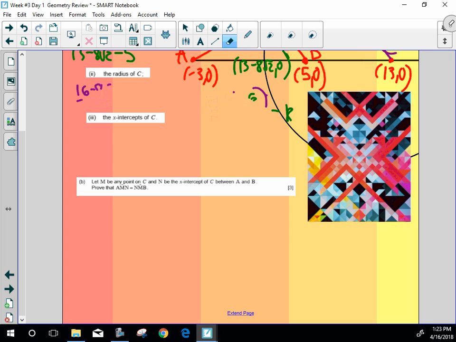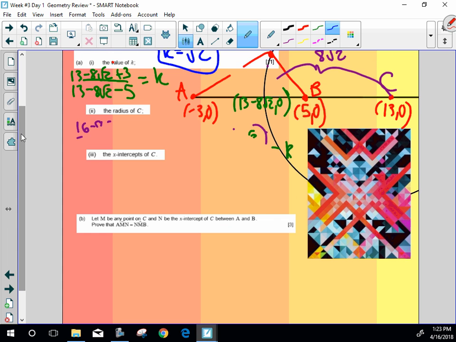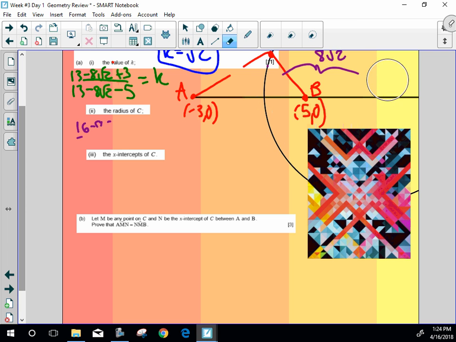The remaining 3 marks, it says let M be any point on C and N be the x-intercept, and C be between A and B. So that's what we had up here. So what we're going to do is put C in the middle this time.